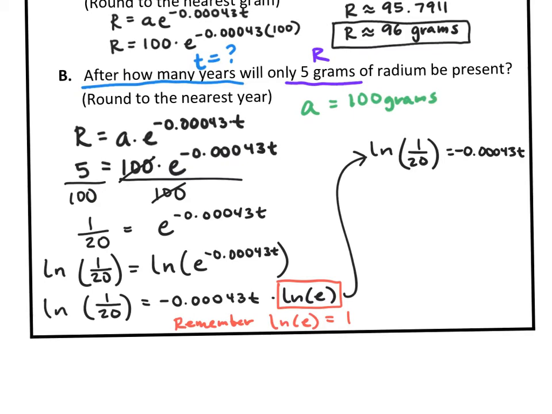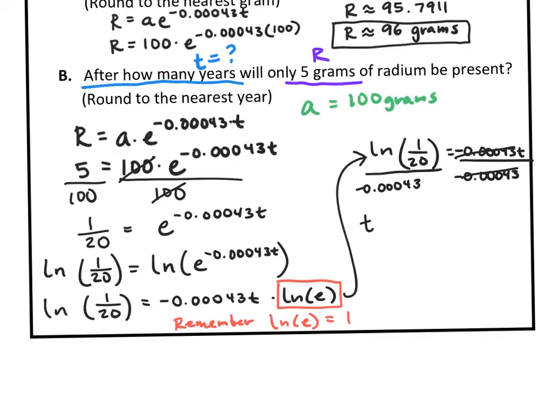What's the opposite of multiplying? Dividing. So I'm going to divide both sides by negative 0.00043. So that's going to cause a cancellation here and here, and I'm going to get an answer for t.